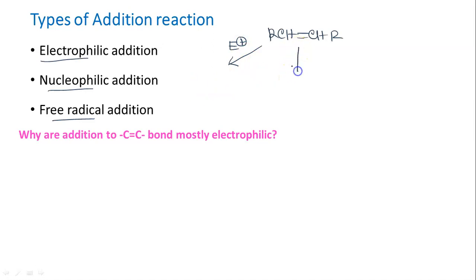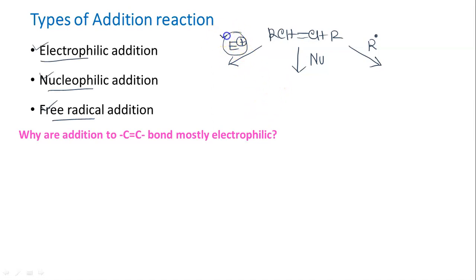If it is nucleophilic addition, then our reagent is some nucleophile. And if it is free radical, then our reagent is R dot. So basically the names that we are using, electrophilic, nucleophilic, free radical, are all based on what type of reagent we are using. It is based on the reagent, not on the substrate.